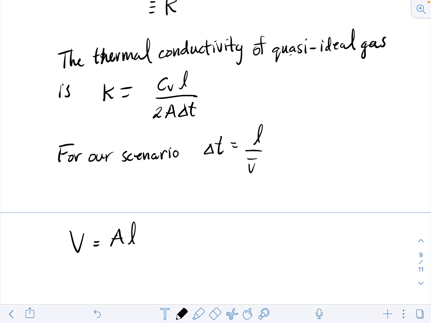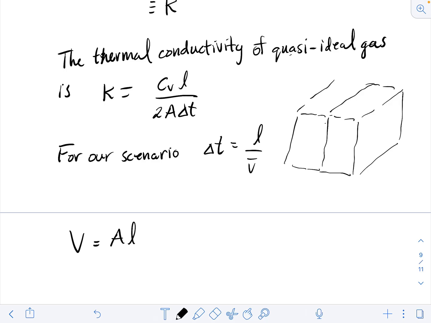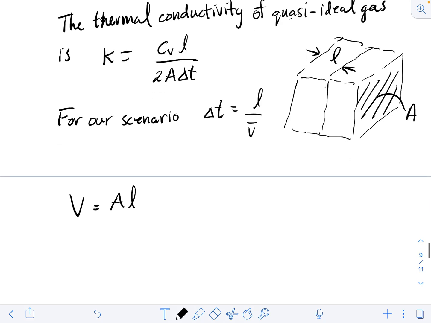And so the area is the area of the box that's perpendicular to the screen, and so it's not in our picture. But if we had our boxes, it might look something like this. So here's one of the boxes, and then right beside it is the other box. And so we said the width of the boxes was the mean free path, and this is going to be the area.